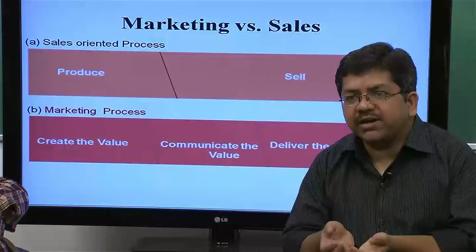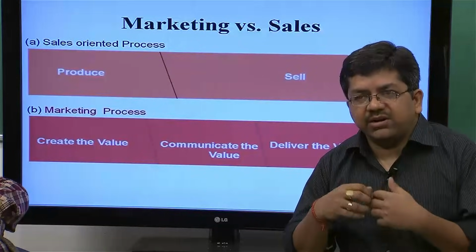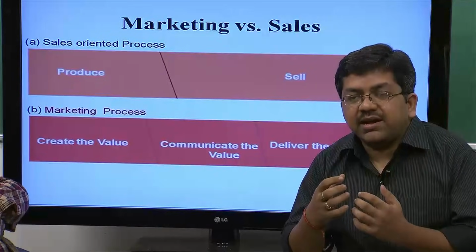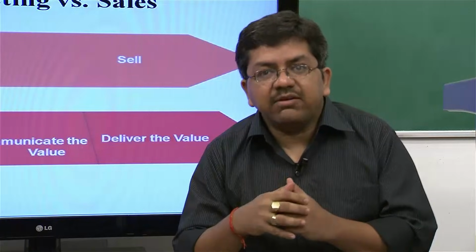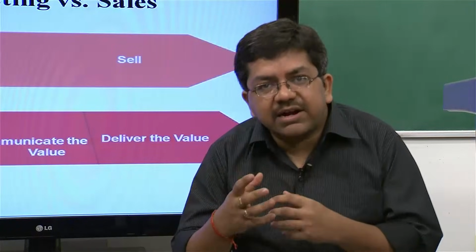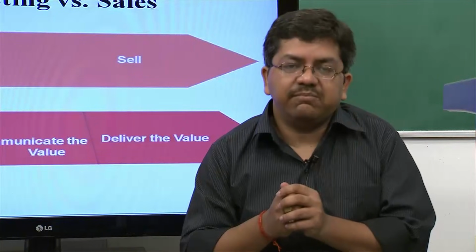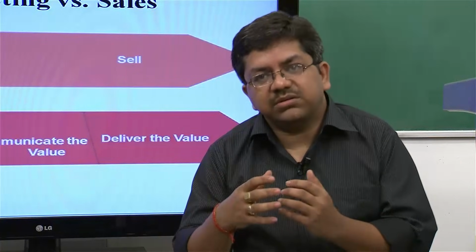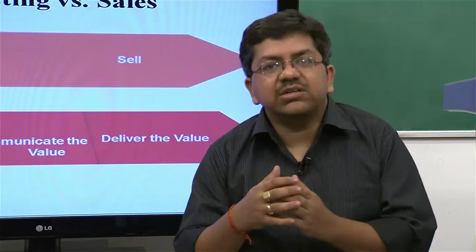I will try to understand what customers want, their needs, and at the same time the environment in which the customer consumes a product or service, because just understanding a product will not suffice.